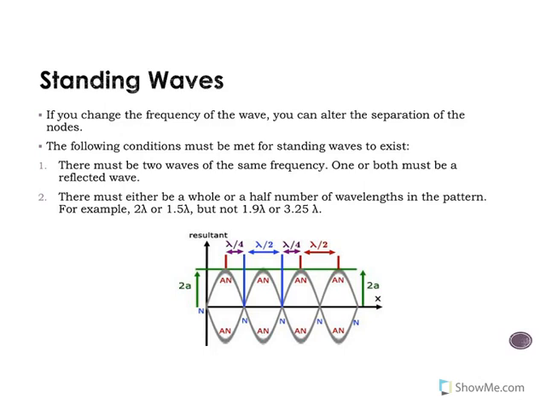So you'll see in this example, the most common one, we know that the distance between crest to crest or trough to trough is 1 wavelength.